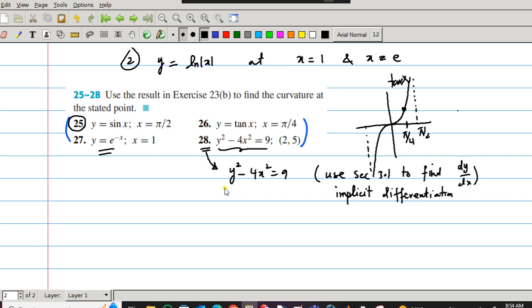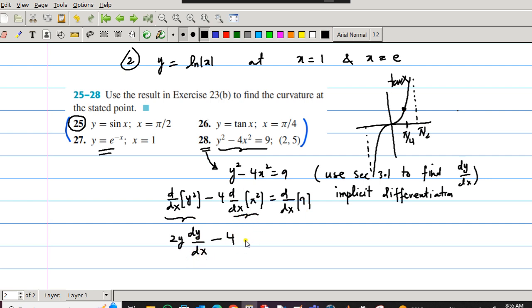We take the derivative of each term: d by dx of y square minus 4 d by dx of x square is equal to d by dx of 9. So this is implicit differentiation, that we differentiate every term with respect to x. Here we use the power rule: 2y dy by dx minus 4 times 2x, equal to the derivative of 9, which is 0.